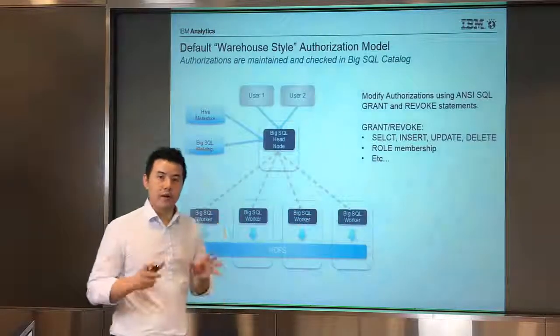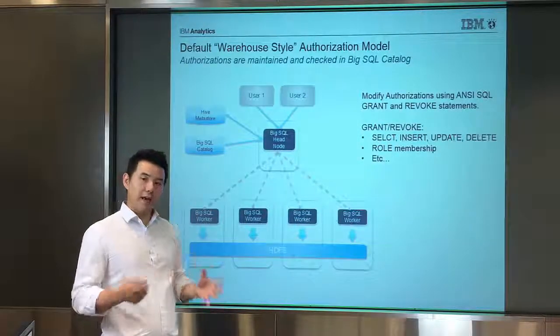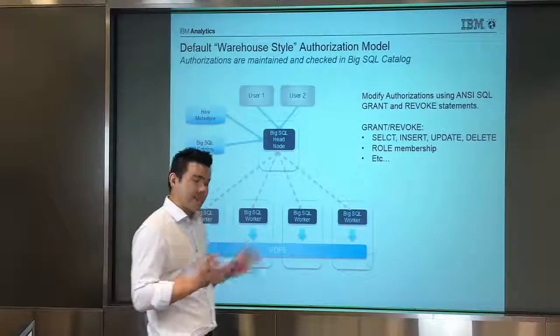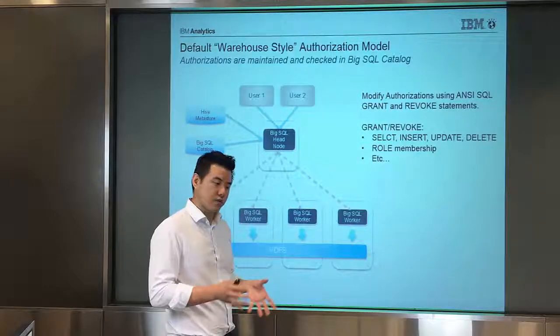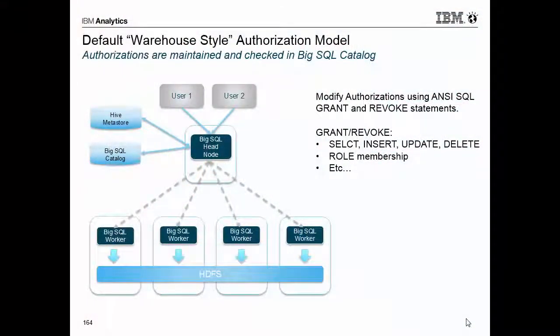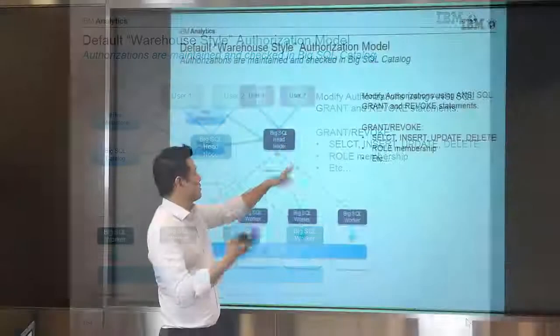So let's get into how in this default mode we manage access to objects, authorization management. We know that there's this thing called the Hive metastore, which is where we get our definitions for the Hive tables. But there's also this thing called the Big SQL catalog, which is where we manage our advanced permissions capabilities inside the Big SQL environment. So we have our user 1 and user 2, they're connecting in as non-privileged users.